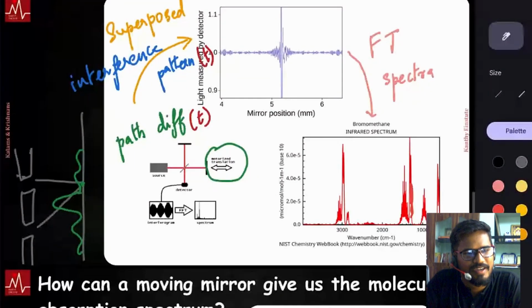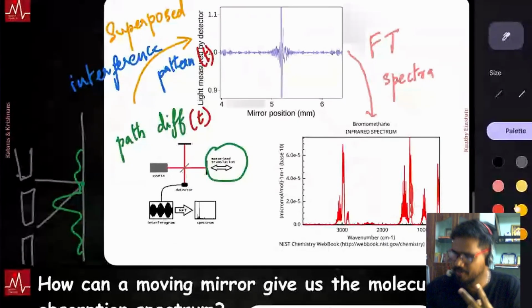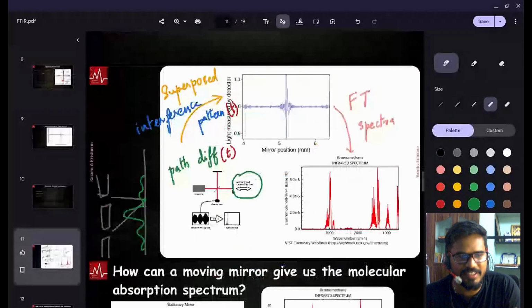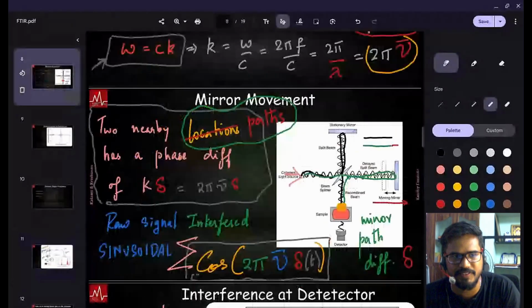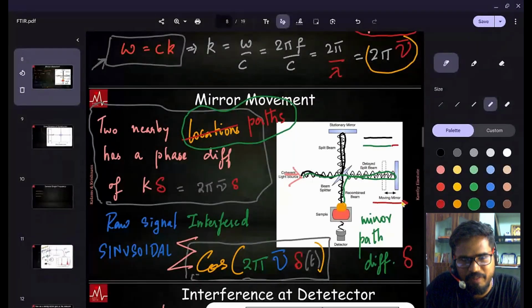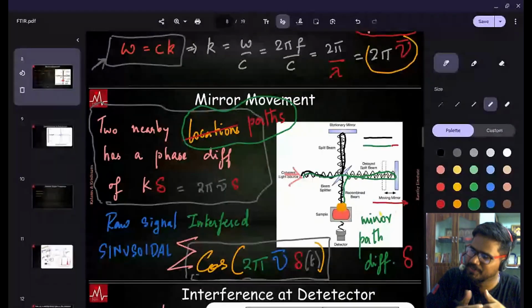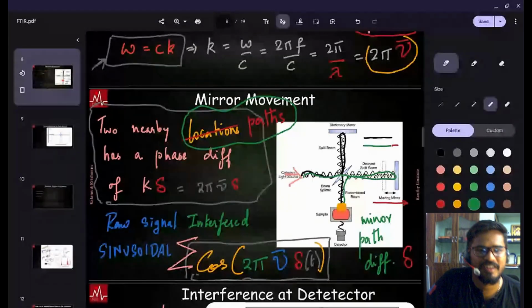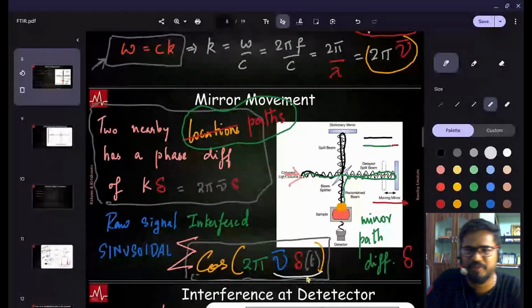But here also you are creating two paths. In fact, it's the same math that I was discussing. But that path difference, because you are using a moving mirror, is a function of time. So the path difference keeps changing as a function of time, and that allows you to capture more frequencies as a function of time.